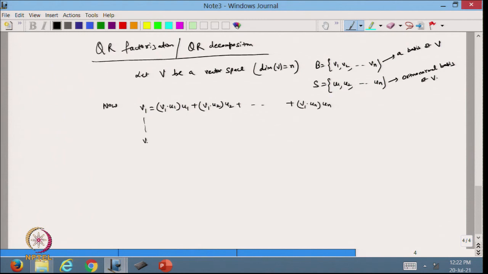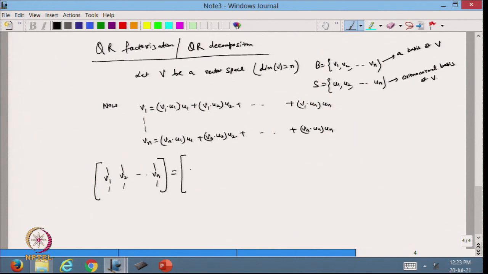In the end we can have Vn as Vn dot U1, Vn dot U2, and Vn dot Un. So, from here I can write a matrix with column vectors V1, V2, ..., Vn.